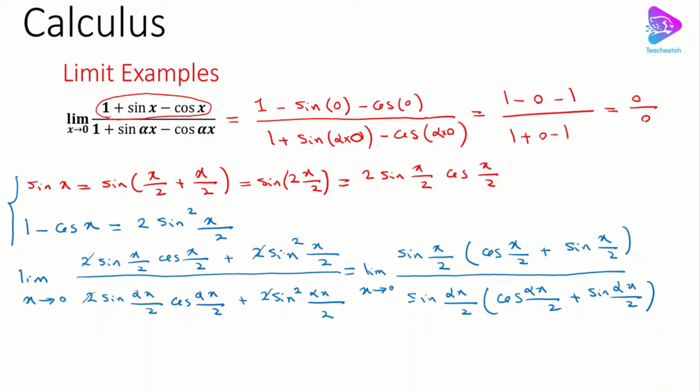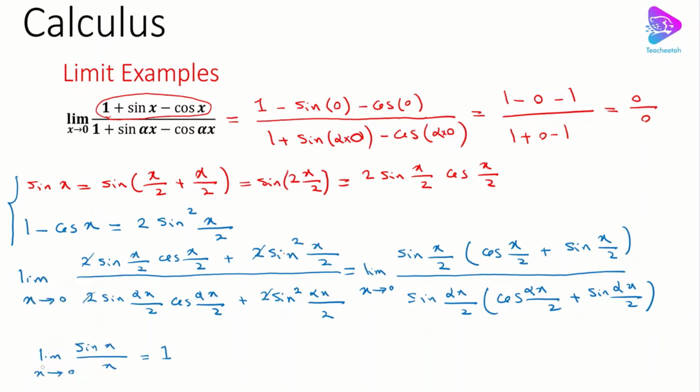If you remember, we had some properties when we took the limit of, for example, sine x over x as x approaches 0, which was equal to 1. We can use this property here.